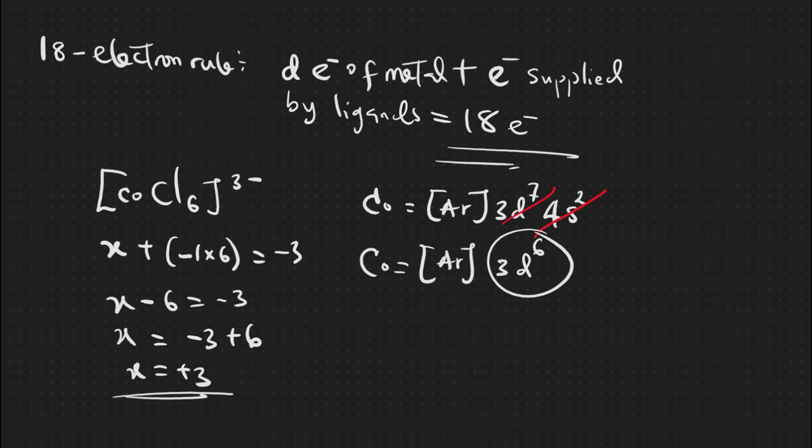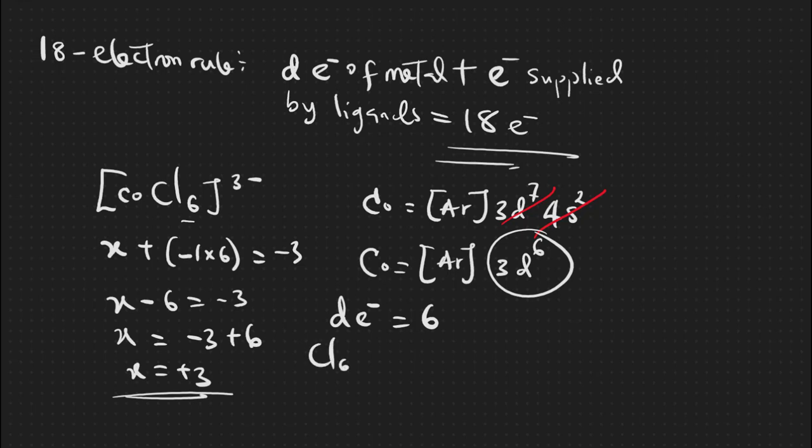Remember that the 18 electron rule says that the electrons of the metal plus the electrons supplied by the ligands should be equal to 18. So we have that the d electrons here equal 6. Then check the ligands. We have 6 ligands, right? The meaning of these 6 ligands is that they are going to donate pairs of electrons. That means 6 times 2, since they are in pairs.